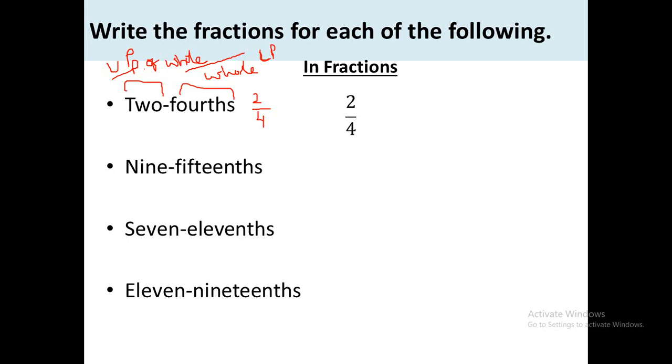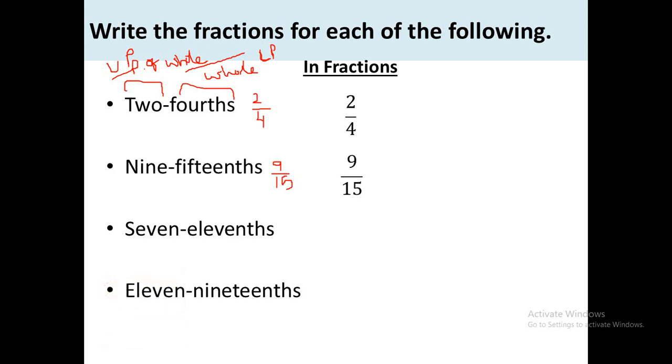Next one, 9 15ths, right? So I will write 9 in the upper part, the line separator, then the whole, that is 15th. So I will write 15. Okay. So 9 by 15. 7 11ths.